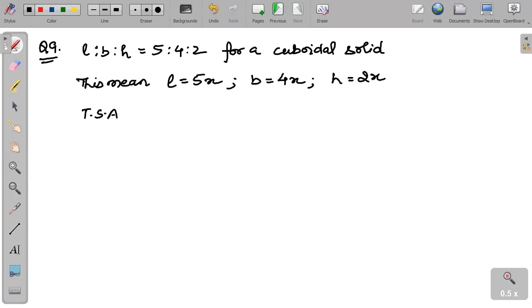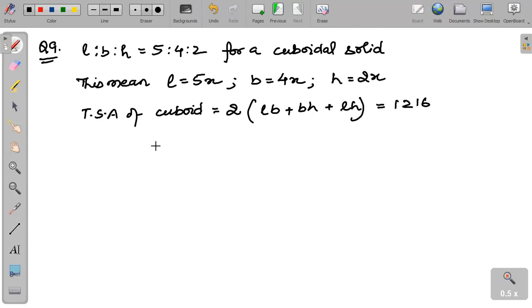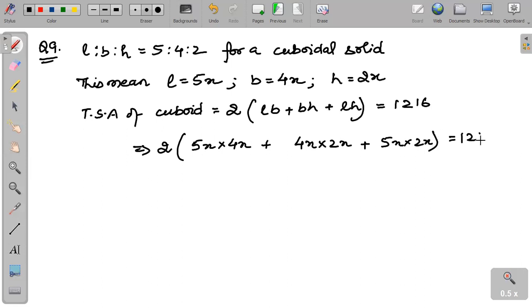TSA of cuboid is equal to 2 into LB plus BH plus LH, is equal to 1216. This implies 2 into 5x into 4x plus 4x into 2x plus 5x into 2x is equal to 1216.